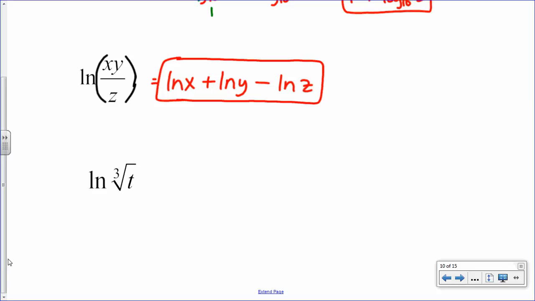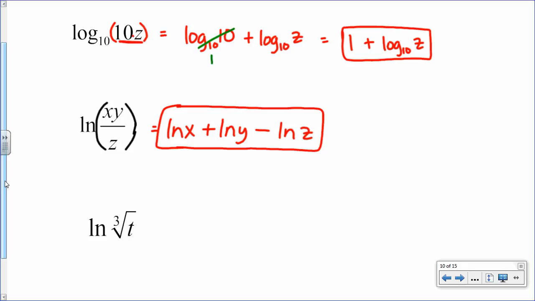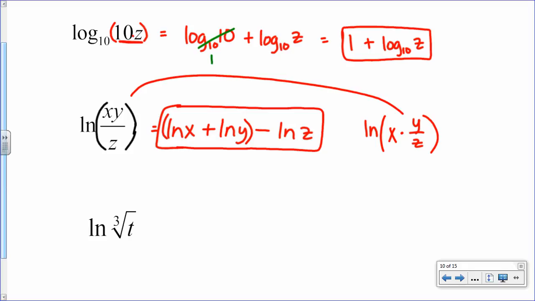But what you can think is, just so you are clear what's in the numerator and what's in the denominator, if you want to think about those being together in parentheses, they're just not necessary. Because if I wrote it in order and we're going back to condense this, x times, because you see a plus, y over z, this is the exact same thing as this.